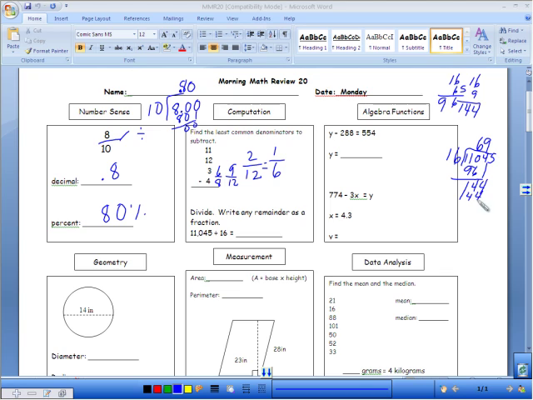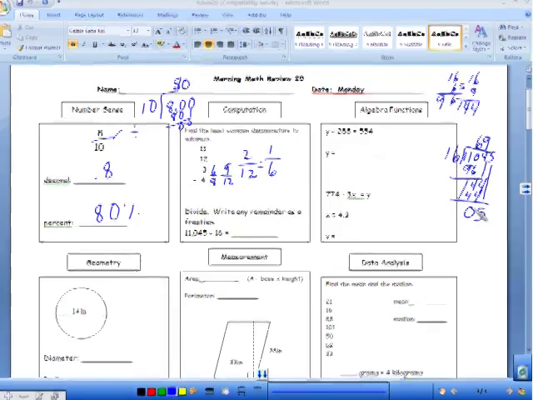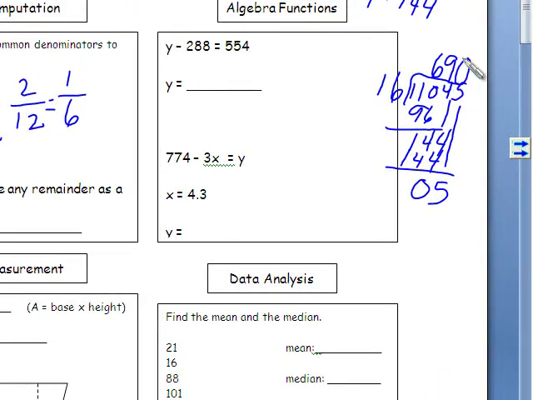So 144, that's 0. 5 comes down, like so. 16 goes into 5 0 times. 0 times 16 is 0. Our last subtraction, we have a remainder of 5 over 16. So our answer is 690, remainder 5 over 16. Double check 5/16 to see if that's lowest terms. They do not share any factors other than a 1, so we're good.